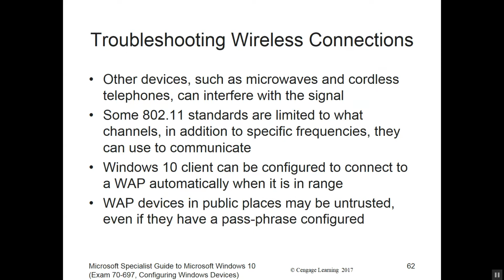It could be sensors, switches. It varies on what it is. Your microwave, your cordless phones could interfere with the signal, and these devices are able to talk across the network, and we're seeing it more and more often.